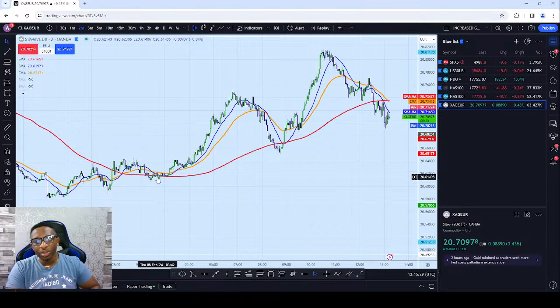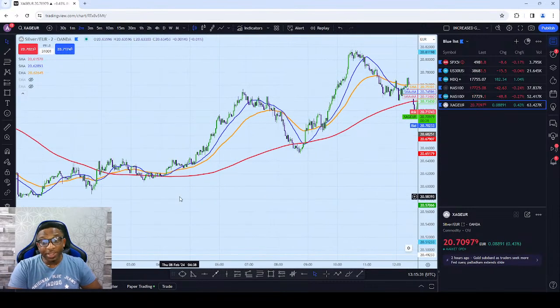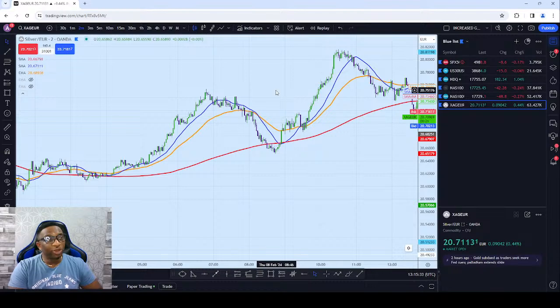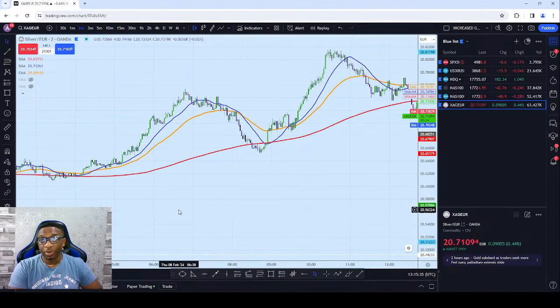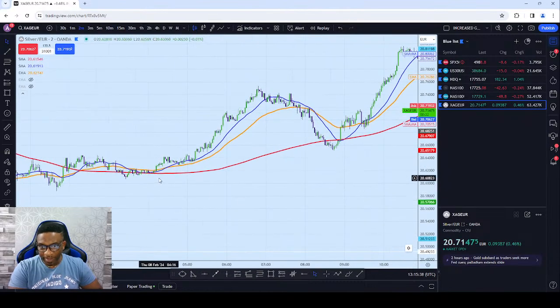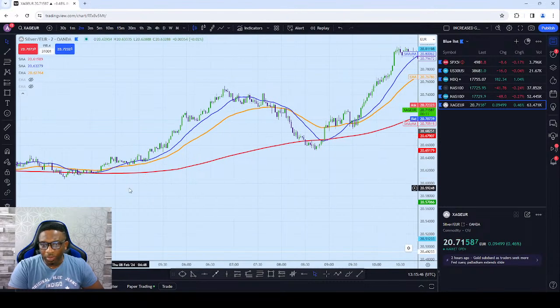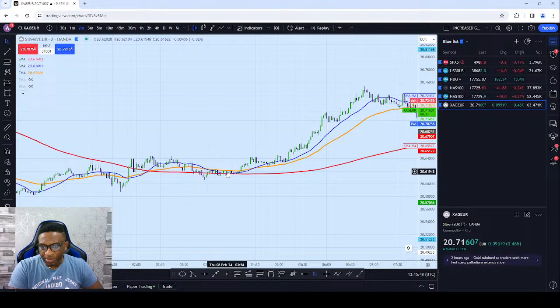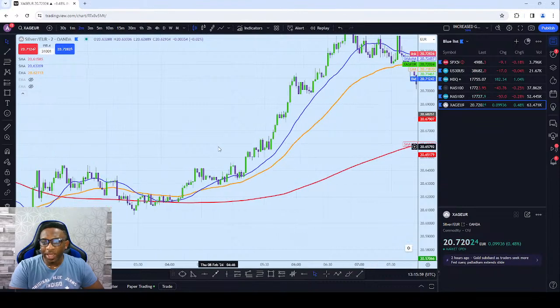So here we are not predicting anything. We are not doing any prediction. All that we are doing is we wait for price to give us the opportunity. All that we'll be looking out for is price to move above the moving average, and then once price takes out the last purple candle, then we are in.